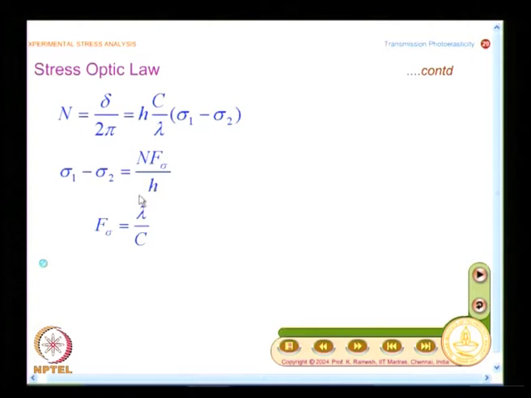It is a very famous relation, and if you know only this expression, it is not sufficient, it is misleading. That is why I put immediately f sigma equal to lambda by c, because you have bundled some of those quantities into a new symbol, there is a chance that you may misinterpret where the wavelength comes in the expression.